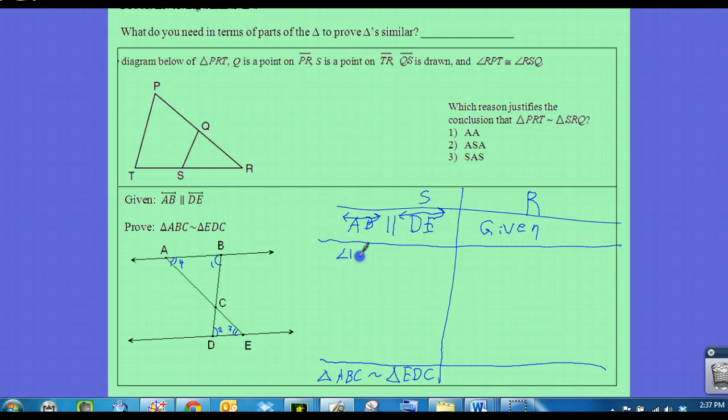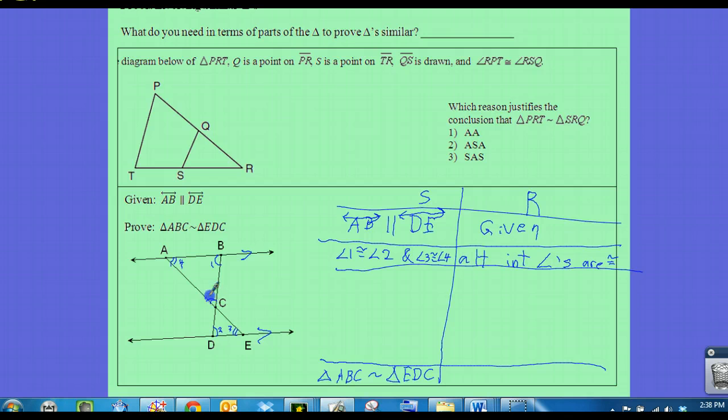So angle 1 is congruent to angle 2, and angle 3 is congruent to angle 4. And what's my reason? Remember guys, lines parallel. What types of angles are 1, 2, and 3, 4? Yes, alternate interior angles are congruent.